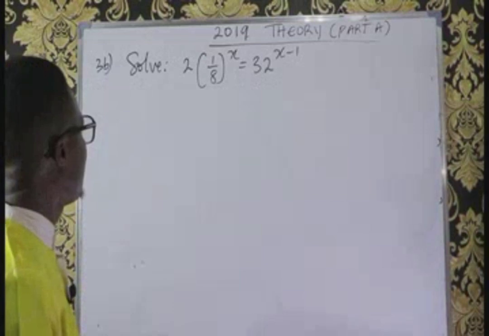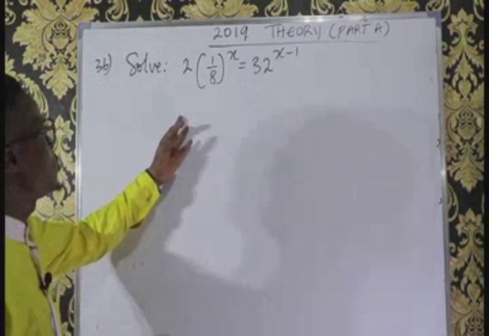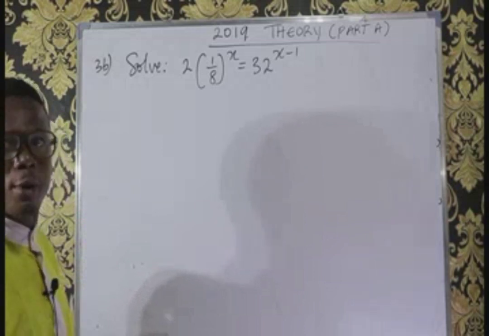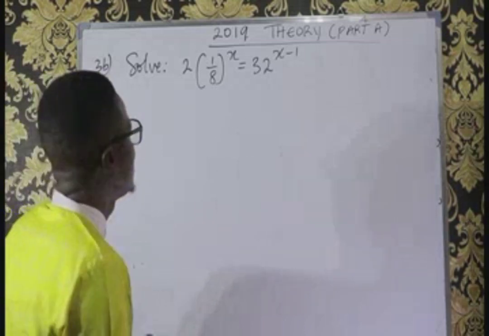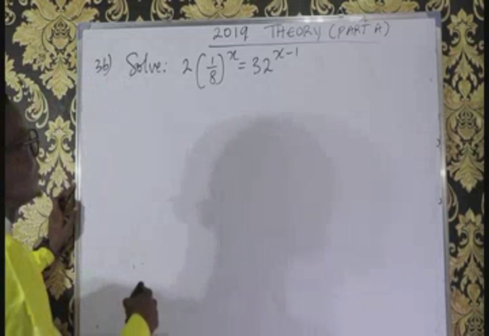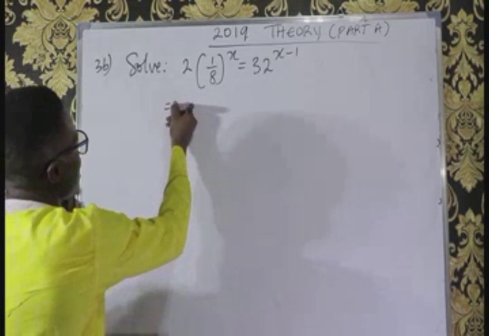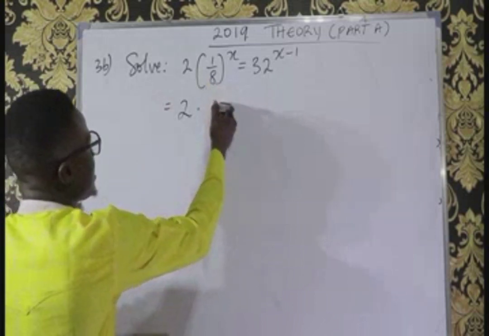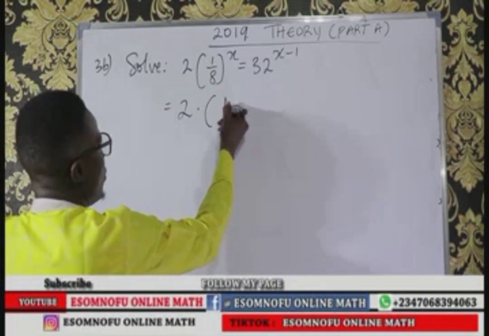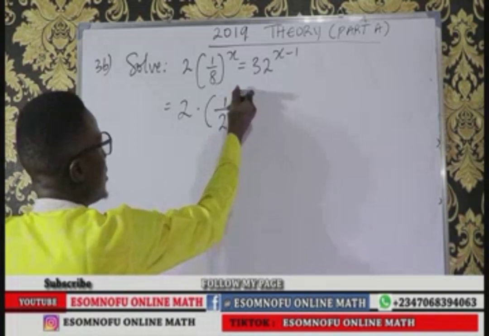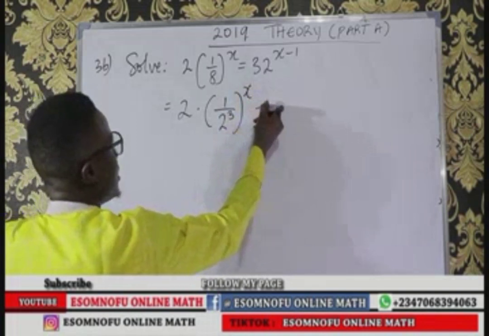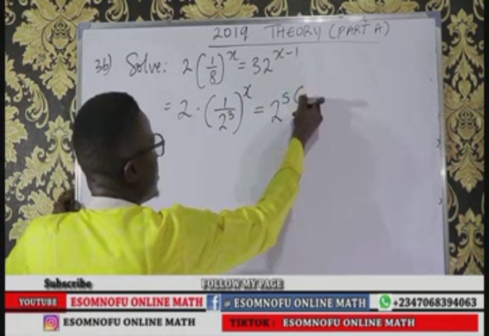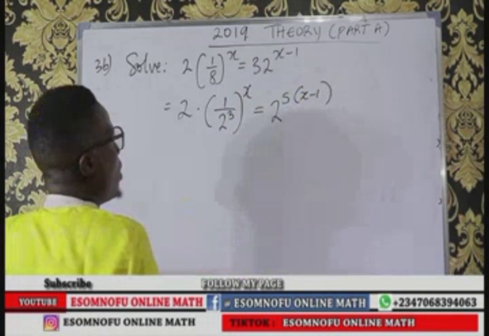In question number 3B, we are asked to solve 2 times 1 over 8 to the power of x equals 32 to the power of x minus 1. This is a question under indices. So to solve this, 1 over 8 can be seen as 1 over 2 to the power of 3, then raised to the power of x, equals 32 can be seen as 2 to the power of 5, then raised to the power of x minus 1.